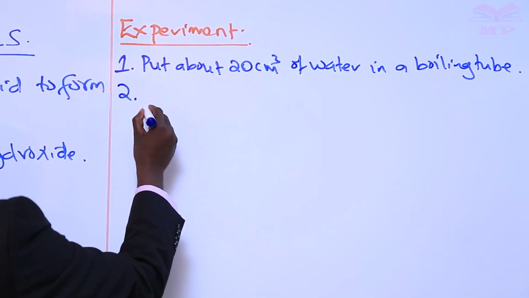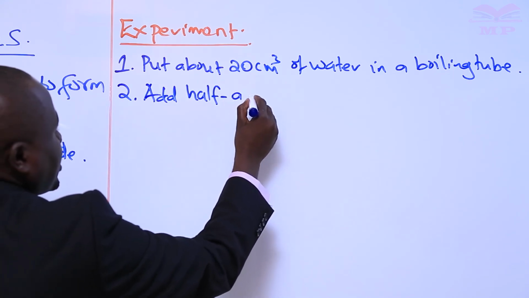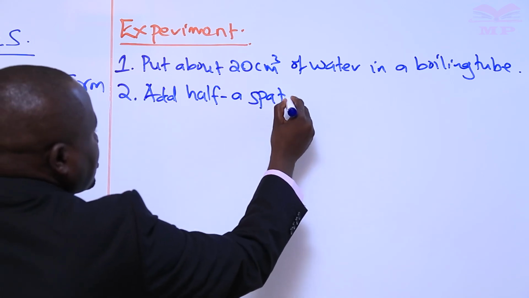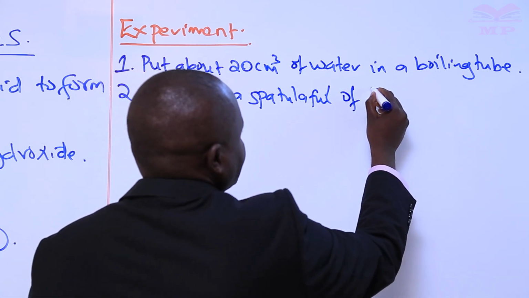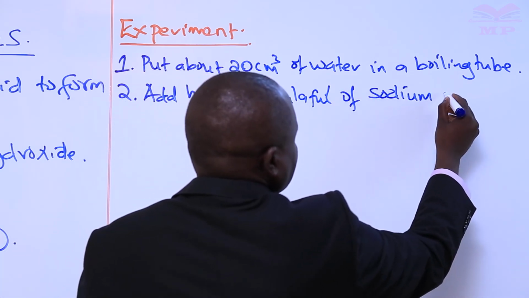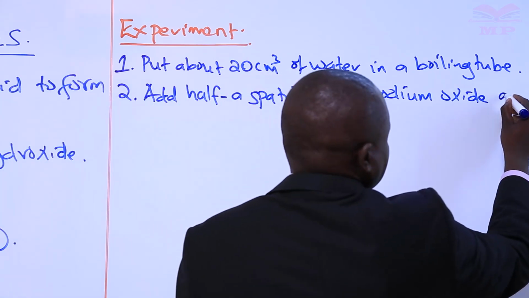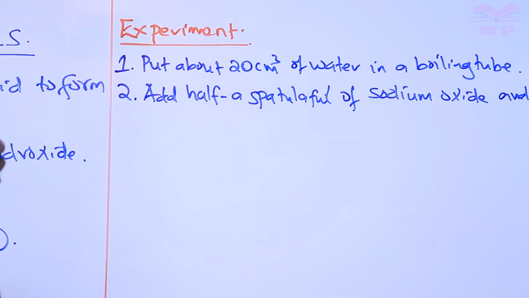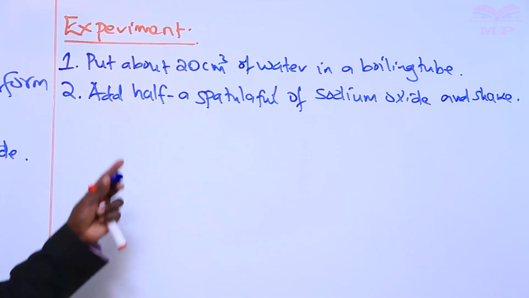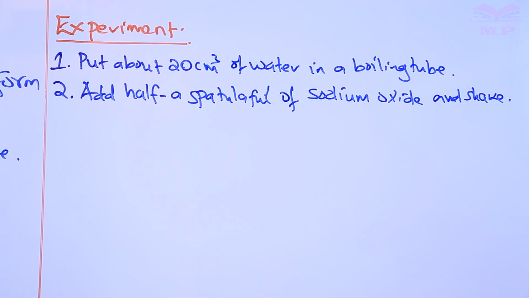Then number 2, you add half a spatula full of sodium oxide, and shake. So we take sodium oxide, half a spatula, and then we add it to the boiling tube containing water. After that, you shake the mixture. We are simply shaking to make sure that the base will dissolve in water.